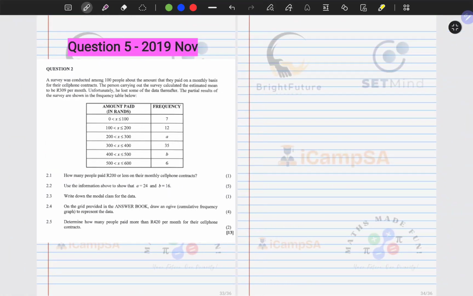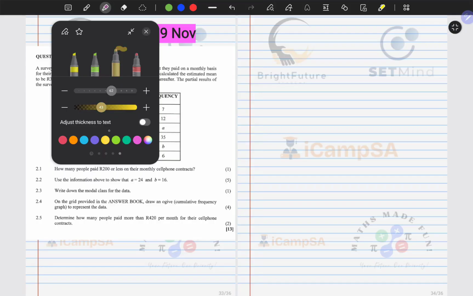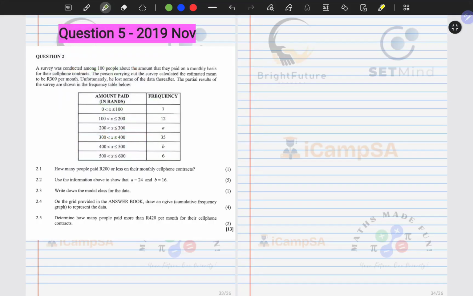The next question is question 5, and this is from the November 2019 paper. Let's quickly have a read and then wrap up this question. For question 2, the statement is: a survey was conducted among, just forgive the noise, it's an airplane, a survey was conducted among 100 people about the amount that they paid on a monthly basis for their cell phone contracts.